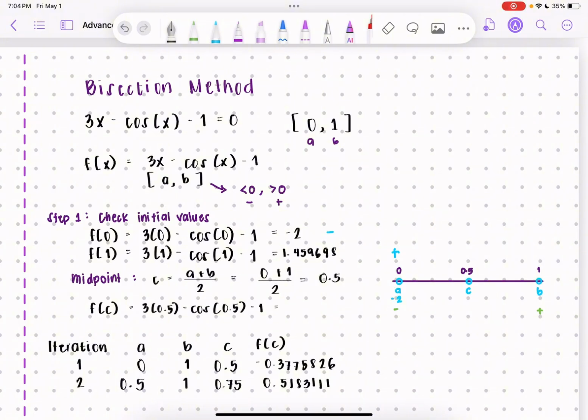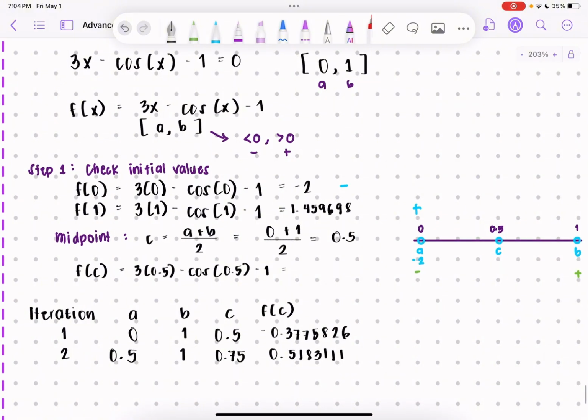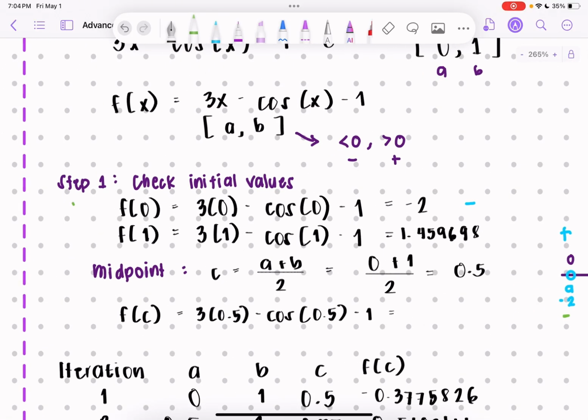So we are going to solve this in terms of f of x. Your f of x will be 3x minus cosine of x minus 1. For the first step, you're just going to check for its initial values. Just simply plug 0 to this equation, and you will get the value for f of a.